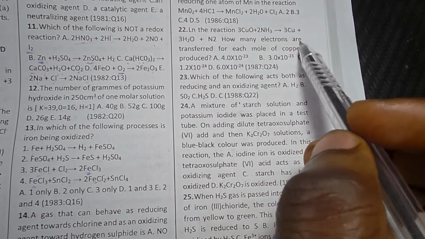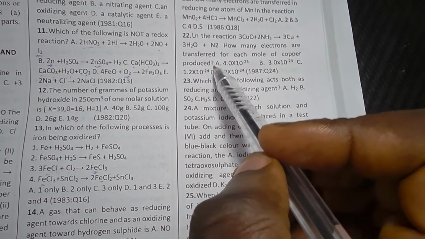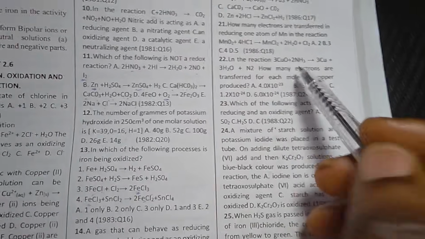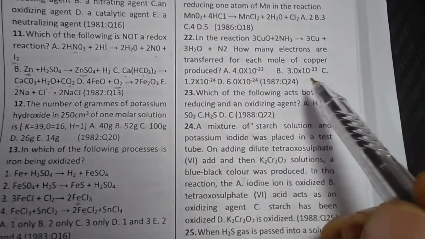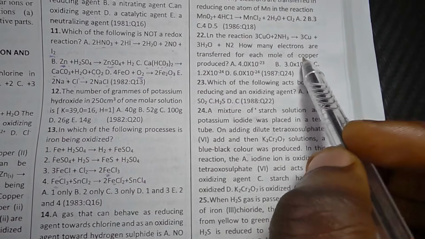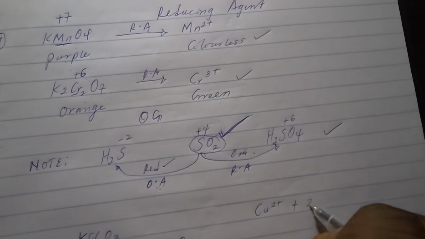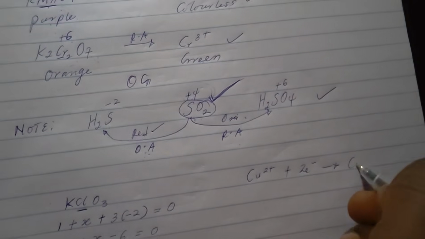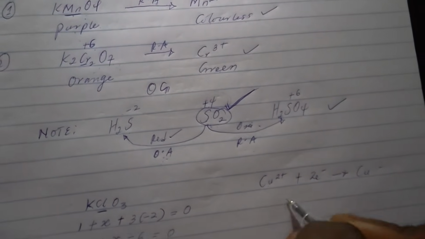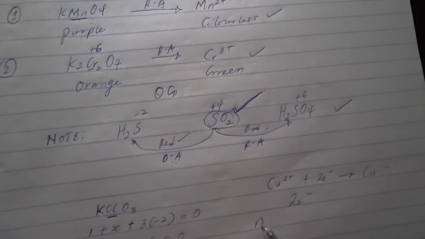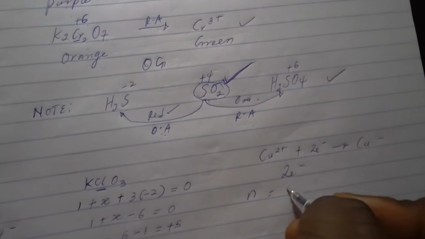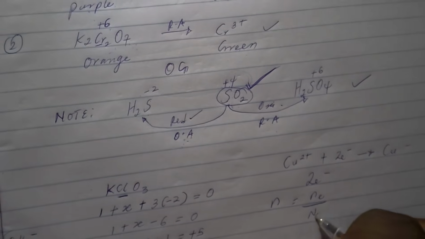Here in the reaction, copper, how many electrons are transferred for each mole of copper produced? This is more like, you must understand stoichiometry too. But they say for each mole, and for 1 mole of copper, let me just quickly show you something. For 1 mole of copper, you must have accepted 2 electrons to give Cu. That's for 1 mole. So that means 2 electrons are involved. And you remember in stoichiometry, number of moles is equal to number of electrons over Avogadro's constant.